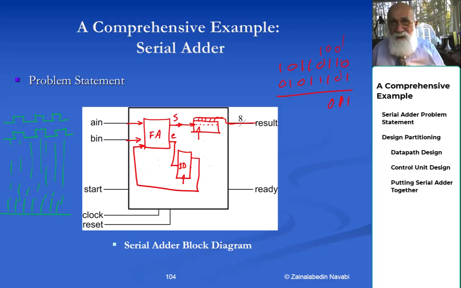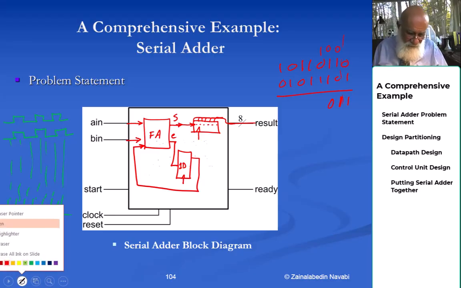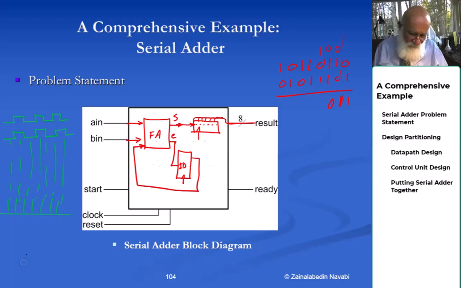But then one thing I have decided is that my data path components are a full adder, a D flip-flop, and a shift register. Okay? And then I need my controller. My controller has signals coming in from here.